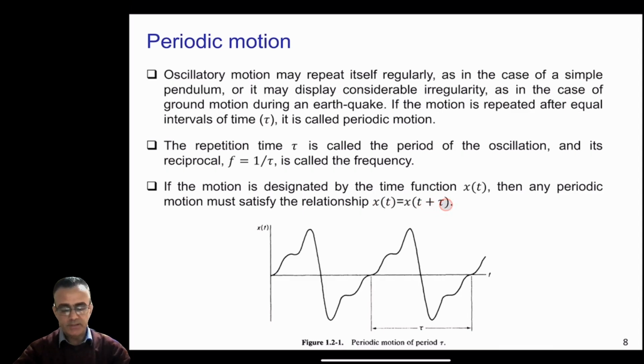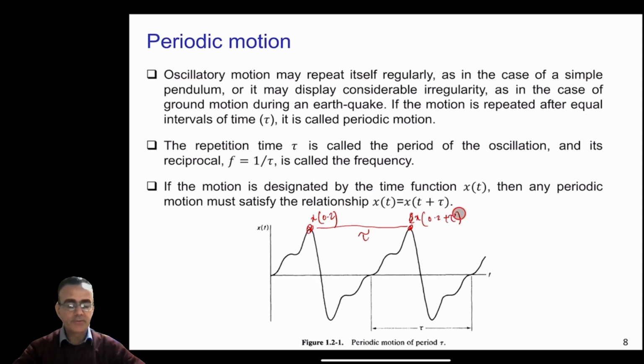So this means that if you are here, and then after a time period tau, this x is equal to x(t) plus delta x, that is x(t plus tau). For example, if the time here is 0.2, then the time here will be x at 0.2 plus tau.